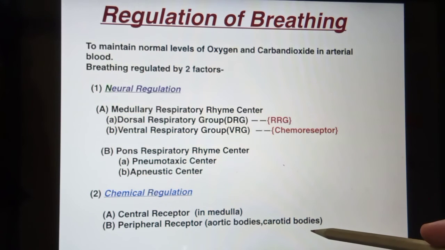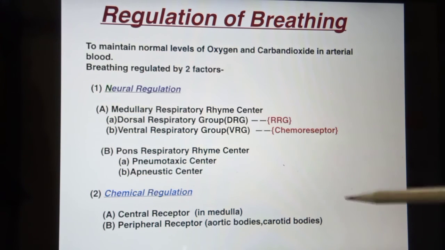How do they work? When you are doing exercise, your cells produce more carbon dioxide. So when your cells produce more carbon dioxide, the carbon dioxide attaches with H2O, means water, and produces H2CO3, and further it divides into H plus ion and HCO3.